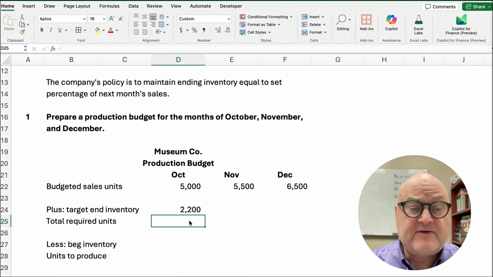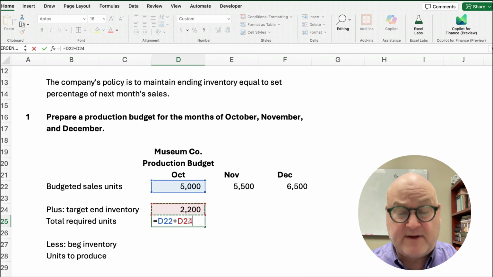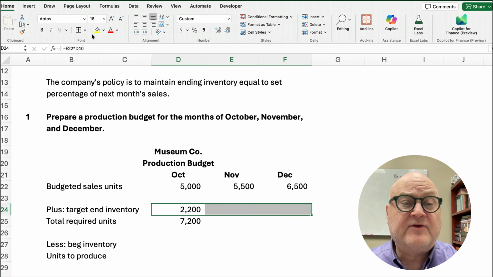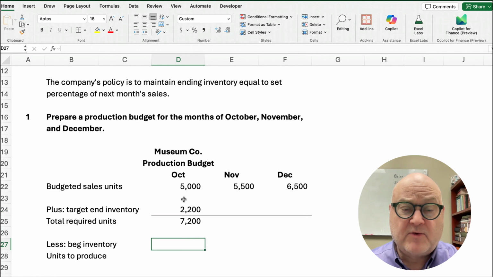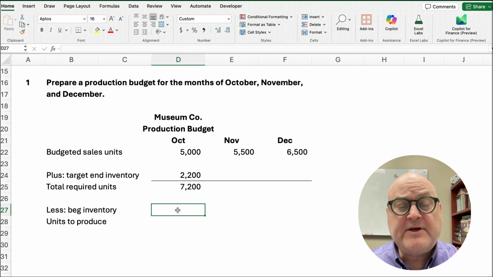So how many units do we need for the month of October? We need 5,000, the sales, plus we need 2,200 for the next month. So we need 7,200 for the month of October. So let me do a subtotal here. Well, how many units do we already have in beginning inventory?